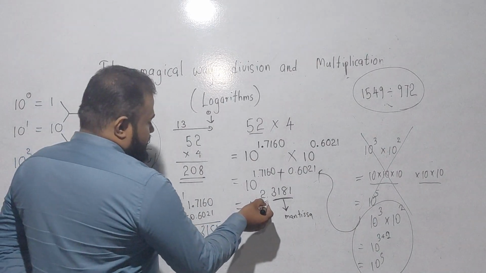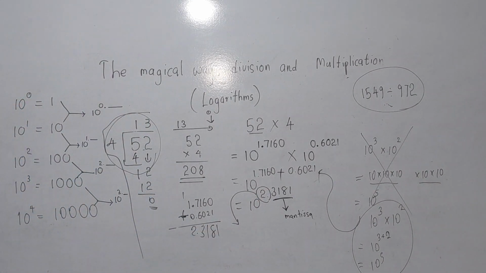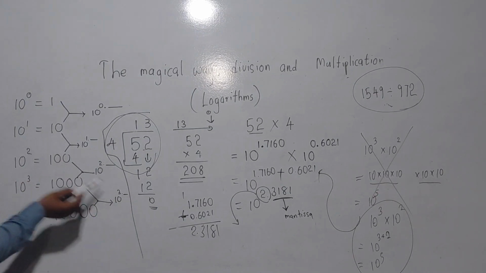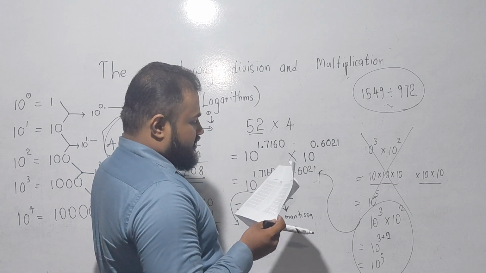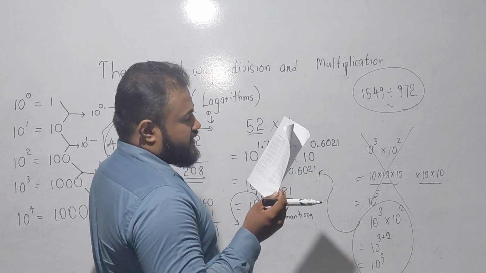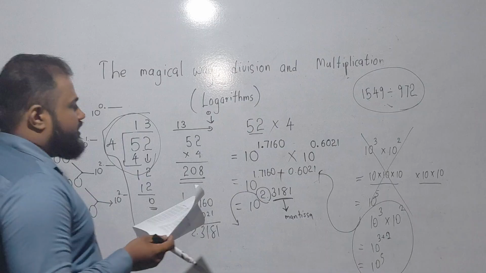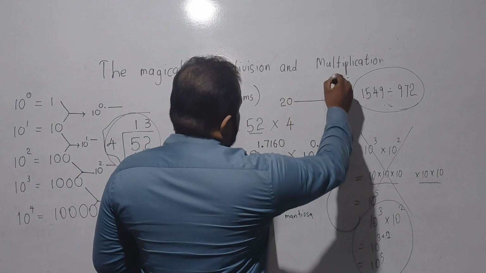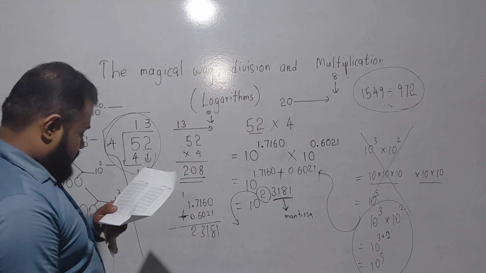And this characteristic 2 tells us the value is 10 to the power 2 point something, which means the value is greater than 100 and less than 1000. So we are going to find where this 318 is inside the table. As we found here, it should be in 20 is 8. You go horizontally from 20 and come vertically from 8. Then you will meet 318.